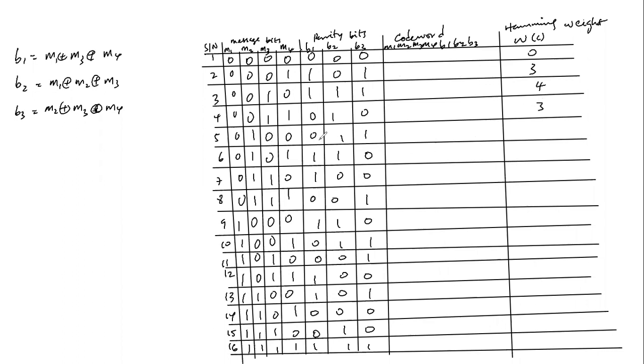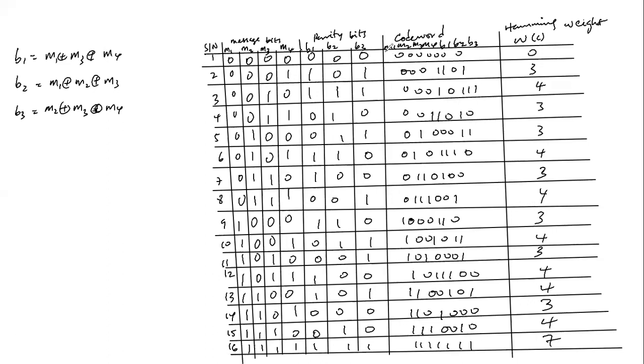Number of ones here, 3. And so on for the remaining code words, with weights of 4 and 3, and the last code word having 7 ones. Perfect. Hence, we have the overall distribution.